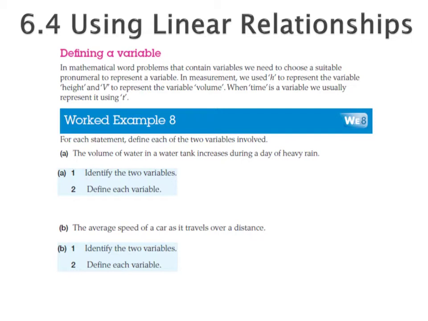So for the first question, we're defining the two variables involved. If I look at the first one, I'm looking at volume, and also in the water the tank increases during the day. So that's obviously going to be looking at time there. So I can write down time and volume.